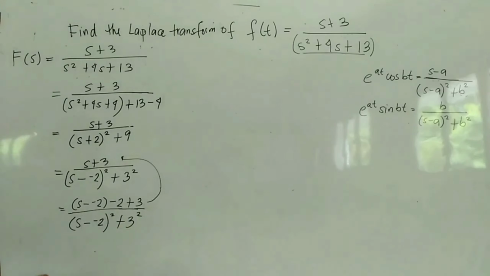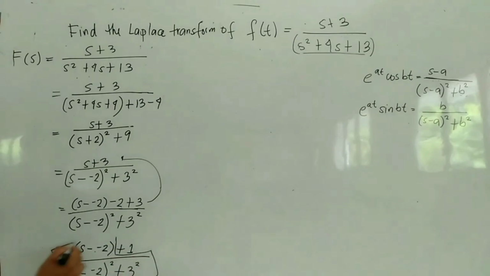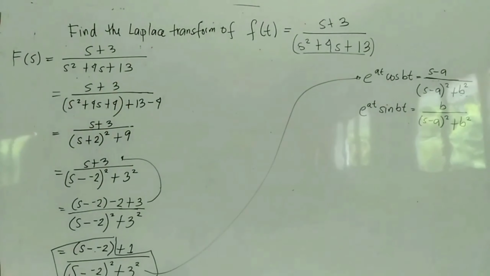So the numerator negative 2 plus 3, that's plus 1, over s minus negative 2 squared plus 3 squared. This is already equal to this equation.